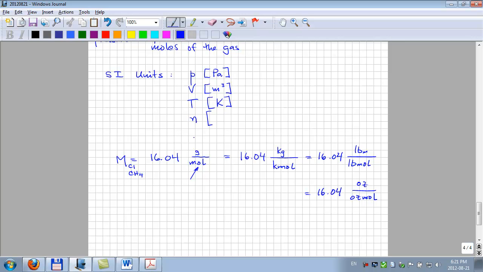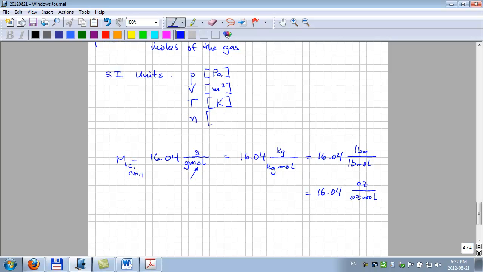If you just write mole, you don't know what 16 represents. So you have to be careful. This is not SI, but this is being careful as engineers: you always attach a mass unit with the mole. Not K, but kilogram mole, pound mole, ounce mole, gram mole.